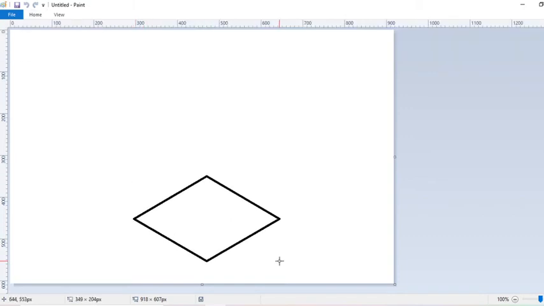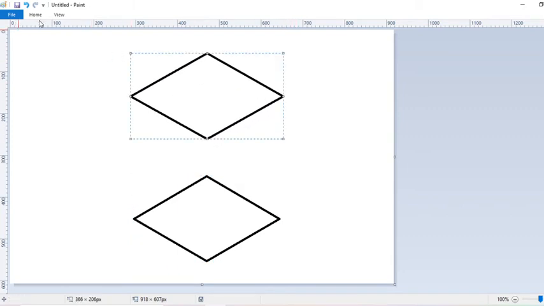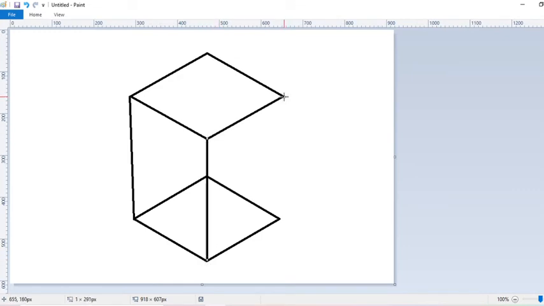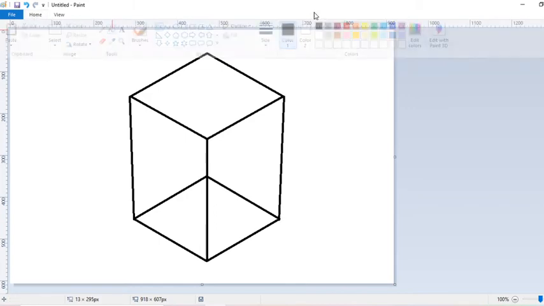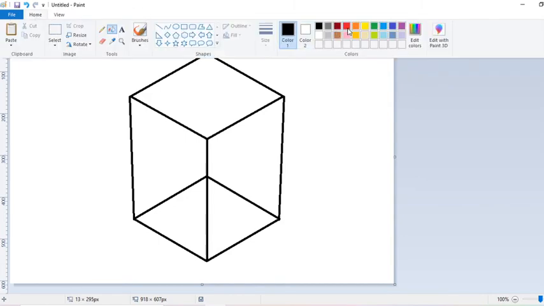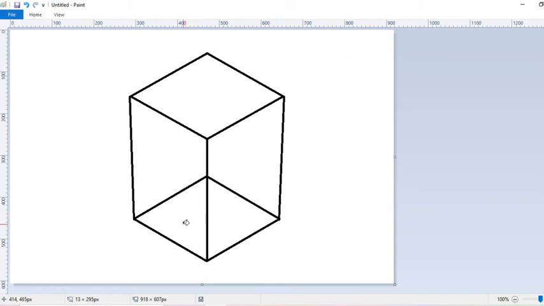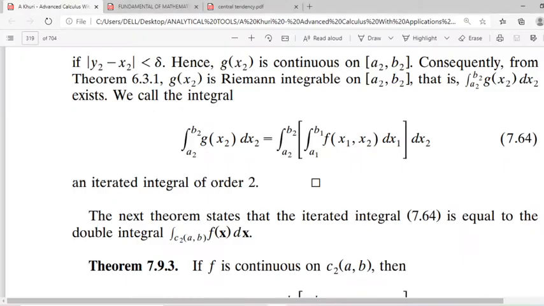Let us consider this region. First of all, we will compute the area of this region. The region is C2AB.